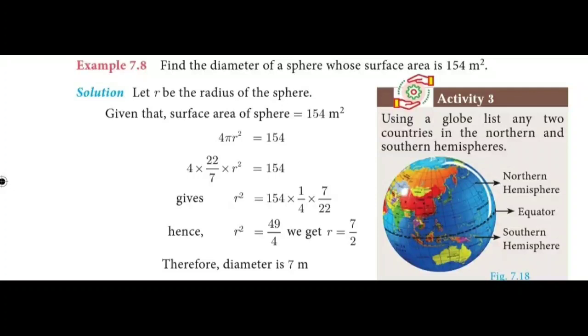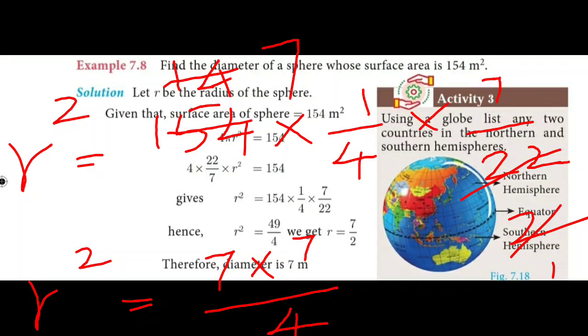Then r squared is equal to 154 into 1 by 4 into 7 by 22. r squared is equal to 2 11s are 22, then 1 11 is 11, remainder 4, 44, 4 11s are 44, then 1 2 is 2, 7 2s are 14. Hence r squared is equal to 7 into 7 divided by 4.